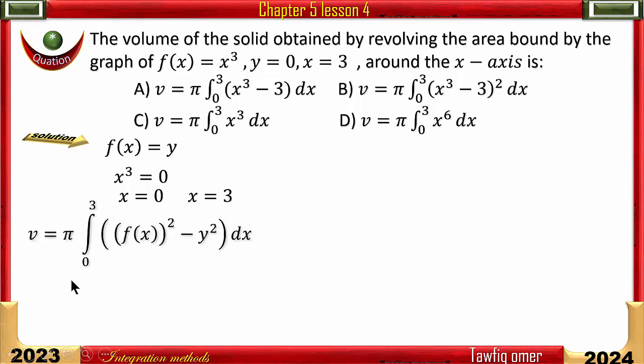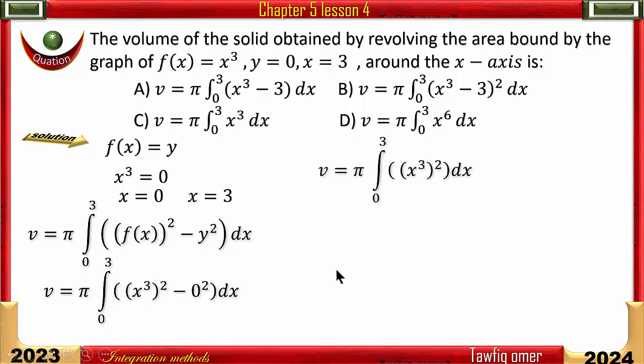And now the volume is equal pi integration from 0 to 3 of f of x squared minus y squared. So the volume is equal pi integration from 0 to 3 of f of x, that means x cubed squared, minus y squared, that means 0 squared.